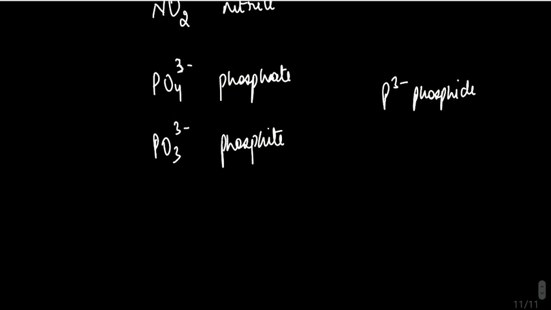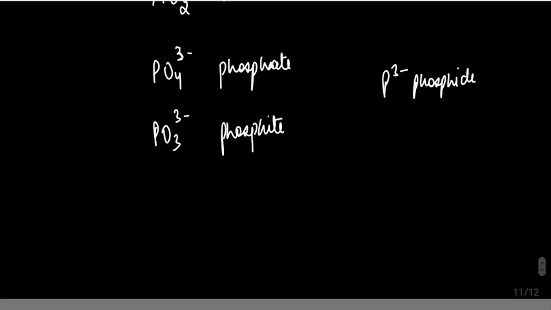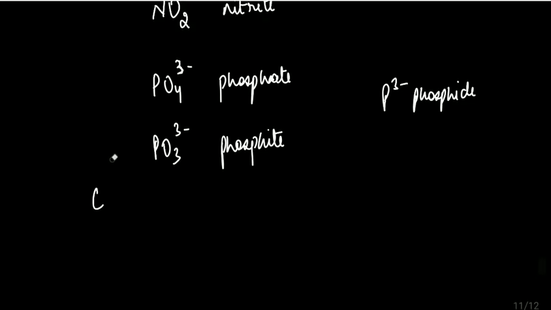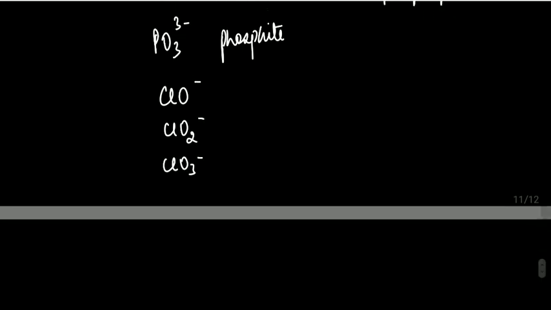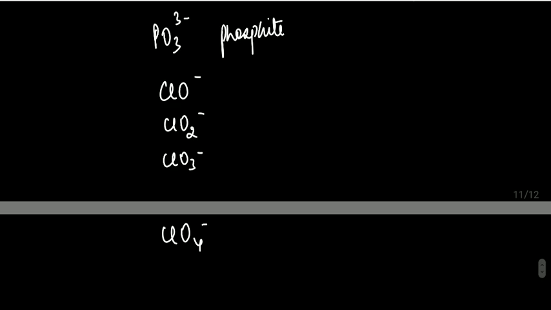Now, one more example that we're going to take over here. If we talk about these anions, I call them chloro-oxo anions.